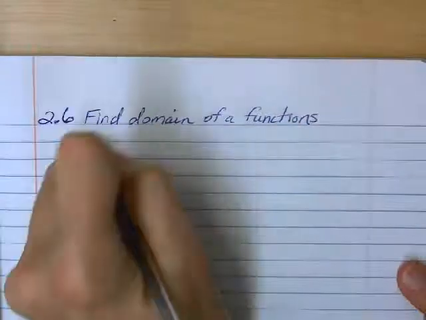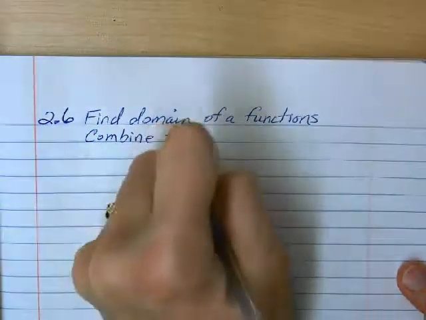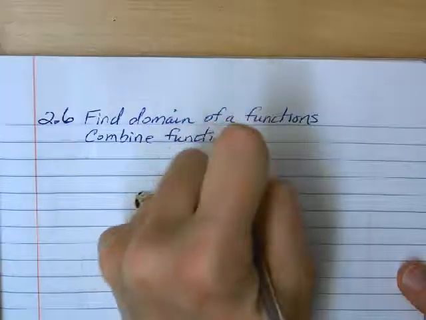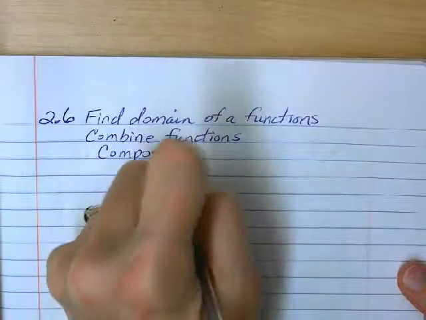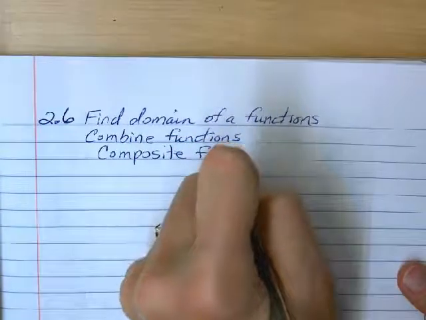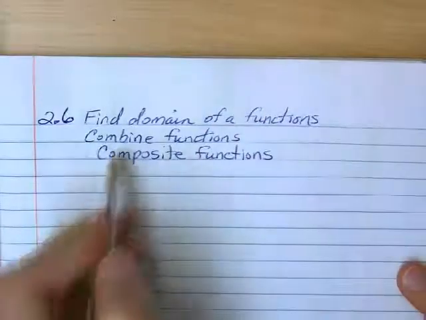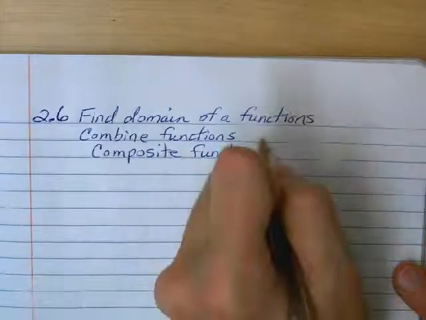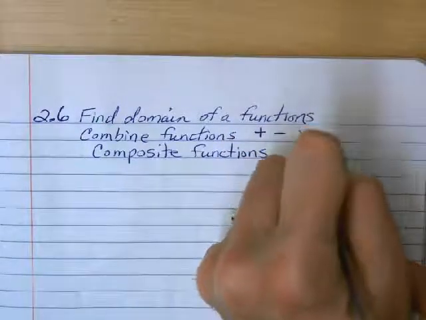Find the domain of a function. And it has combining functions and composite functions. Those are the topics in this section. Combining functions is actually pretty simple. That's just adding things together or subtracting or multiplying or dividing.